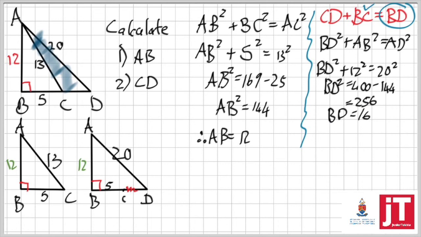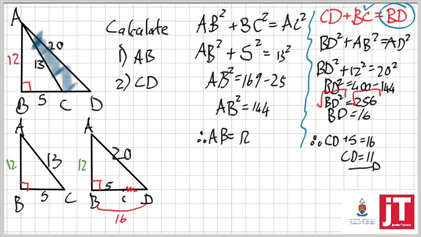If that's a bit too fast, remember, I'm taking the square root on both sides. And then I get BD as being 16. So in other words, that length of BD is 16. So where do I go from here? Well, CD plus 5 must give me 16, and CD is 11.